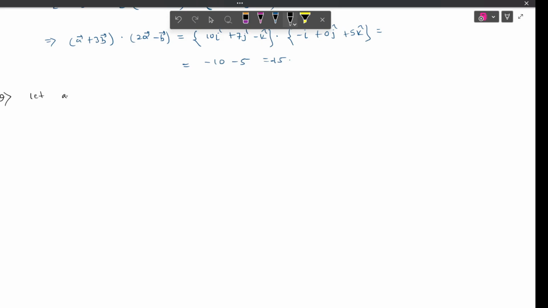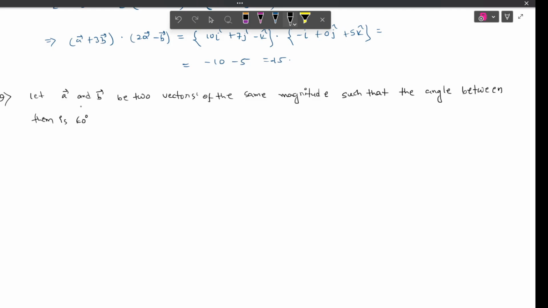Let A vector and B vector be two vectors of the same magnitude such that the angle between them is 60 degrees, and A dot B is 8. Find modulus of A and modulus of B.